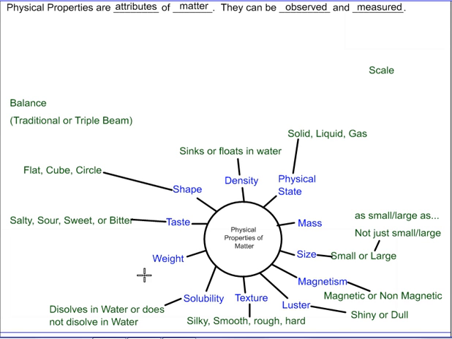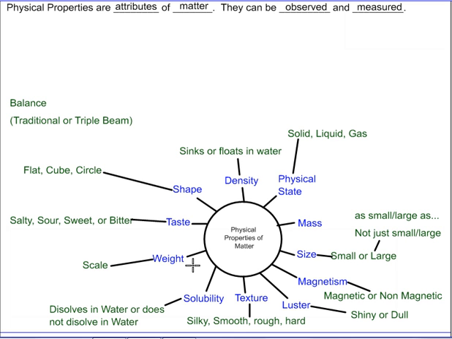And weight. All right, there's a reason why I saved mass and weight for last. Mass and weight, people get confused on. But remember, weight equals scale. So when you're talking about the weight of something, you are using a scale to find the weight.